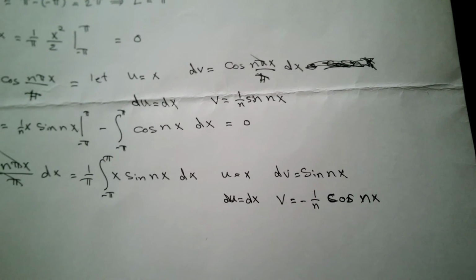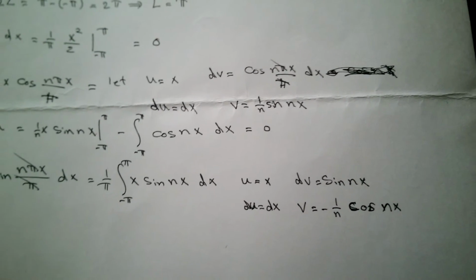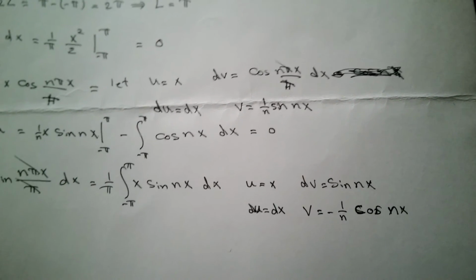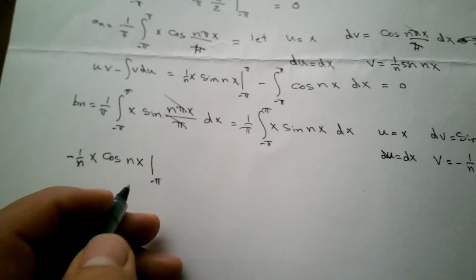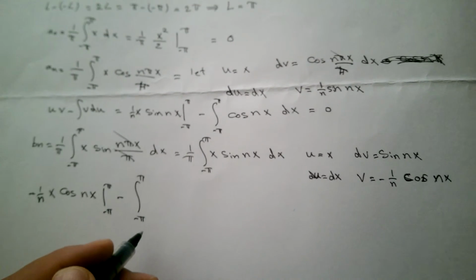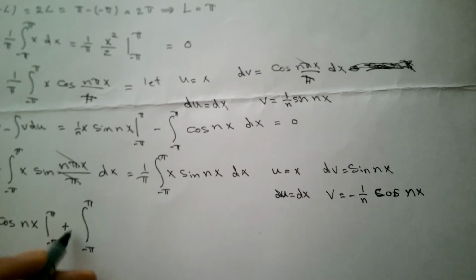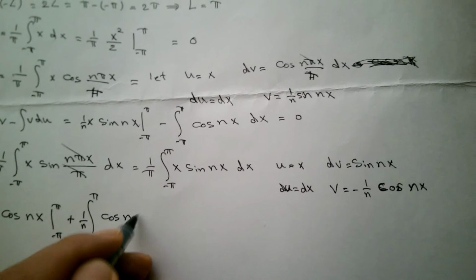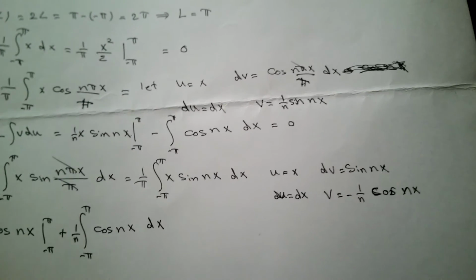So the integral is uv, minus 1 over n x cosine of nx between minus pi and pi, minus integral from minus pi to pi of v du. This minus with this minus will be plus 1 over n cosine of nx dx.